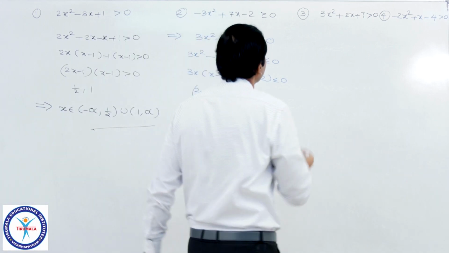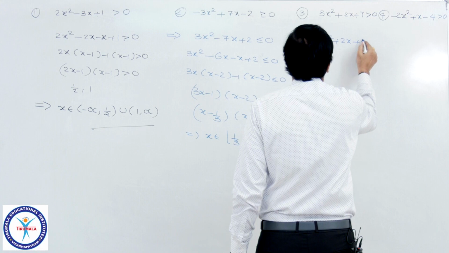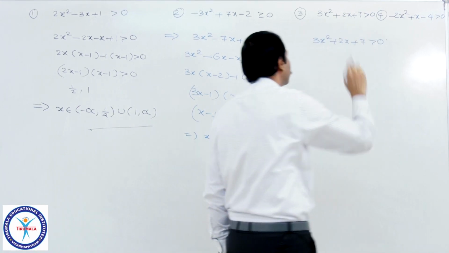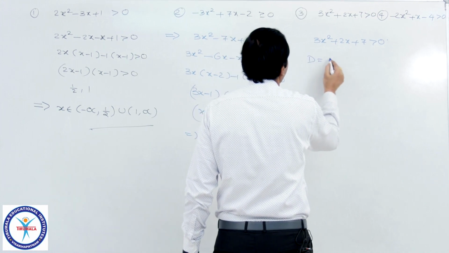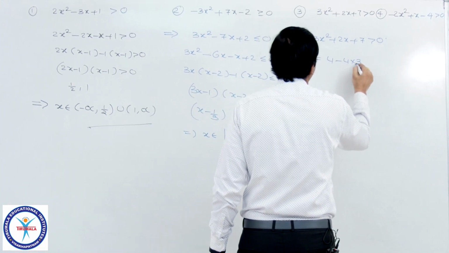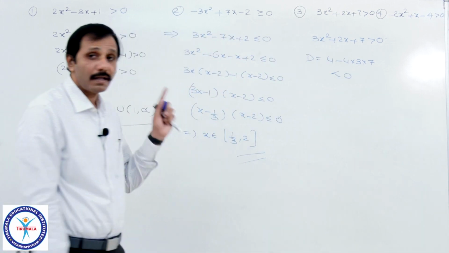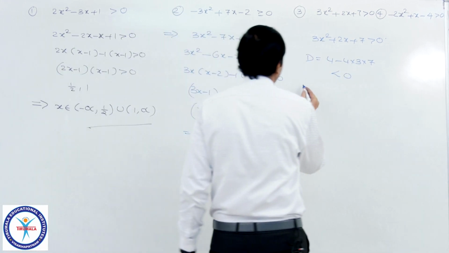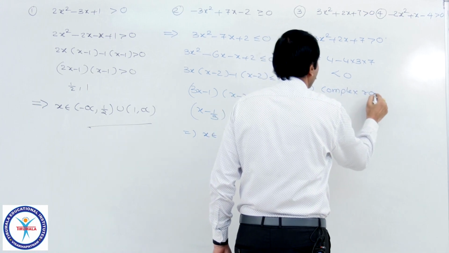Now third, we want 3x square plus 2x plus 7 greater than 0. Observe the discriminant D is equal to b square minus 4 into 3 into 7, negative. Because the discriminant is less than 0, we can say it has complex roots.